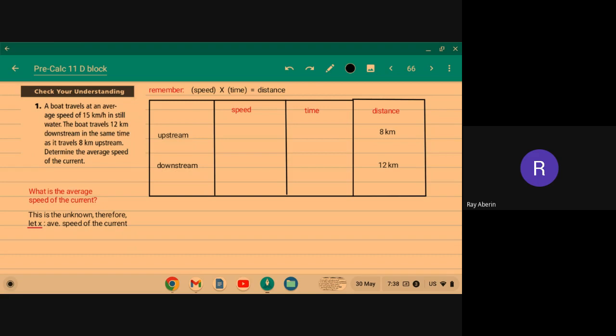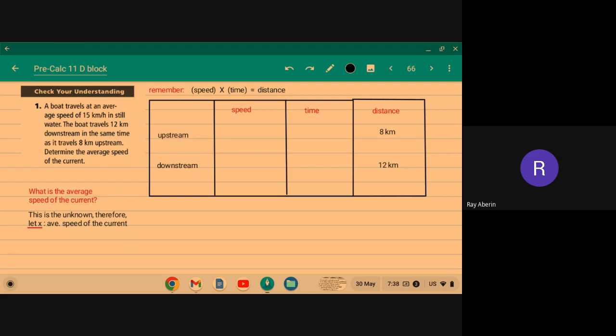So the boat is able to travel 12 kilometers with the current for a certain amount of time, and it would be the same amount of time that it takes to travel 8 kilometers upstream against the current.